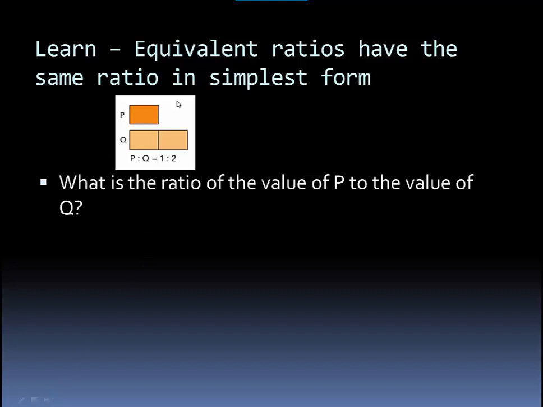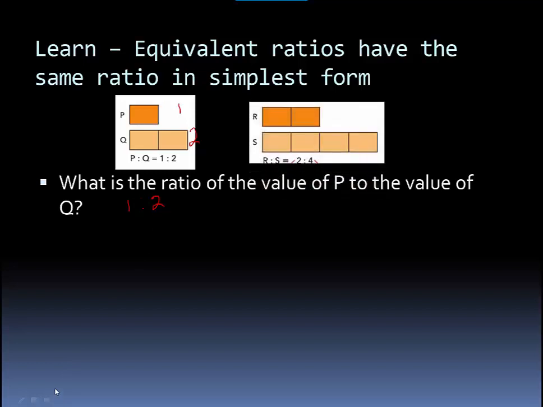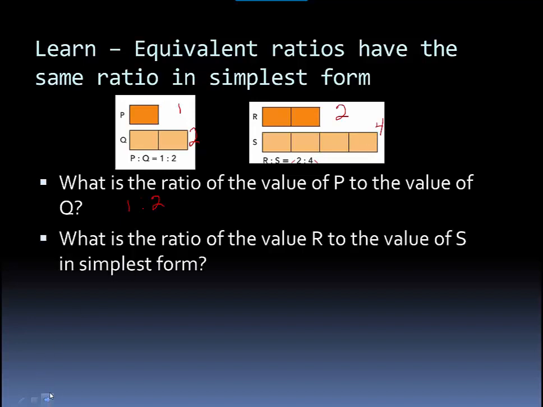I see that P is 1 and Q is 2, so the ratio is 1 to 2. Now let's look at R and S. R is 2, S is 4. So what's the ratio of the value of R to the value of S? It is 2 to 4.